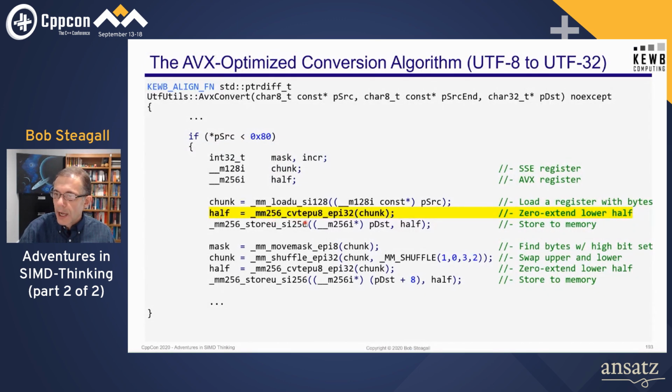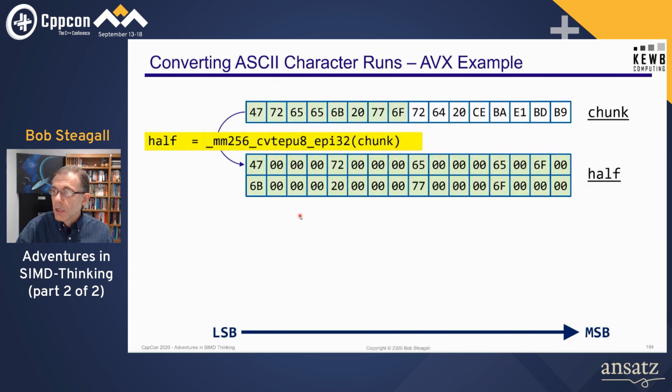And now I'm going to zero extend in one instruction the lower 8 octets in chunk. And this instruction from the AVX2 intrinsics will do that in one shot. There's no need to unpack and interleave. You just do it in one shot. So I call that with chunk.